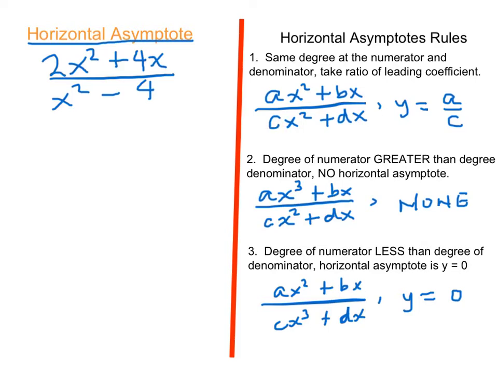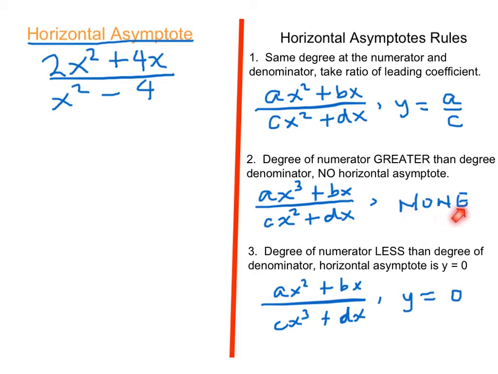A divided by c. Rule number 2 says that if the degree of the numerator polynomial, in this case 3, is greater than the degree of the denominator polynomial, in this case 2, there is simply no horizontal asymptote.